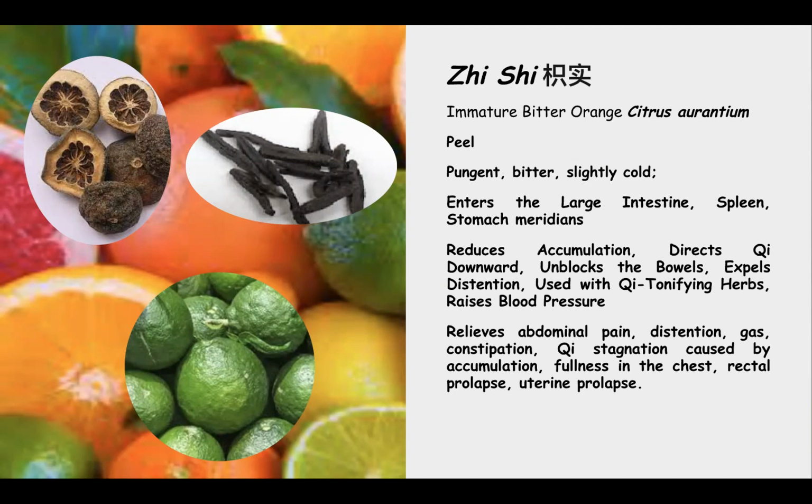It's just a wonderful, wonderful herb. And they take the immature orange and they slice it up, and it's the peel that is used. And it's pungent, bitter, and slightly cold. It enters the large intestine, spleen, and stomach meridians.